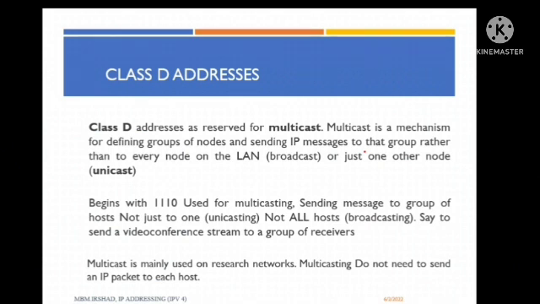We said the class D address is for multicast purposes. Multicast is a mechanism for defining groups of nodes and sending IP messages to a group rather than to every node. Sending to just one other node is unicast, the opposite of multicast.